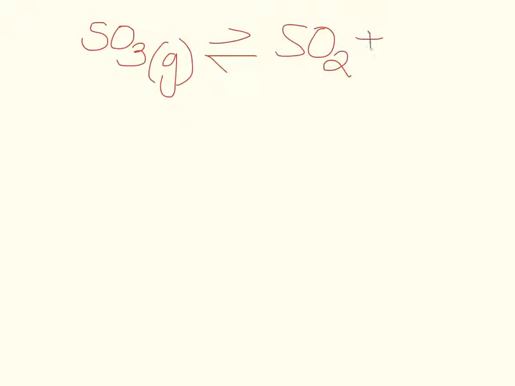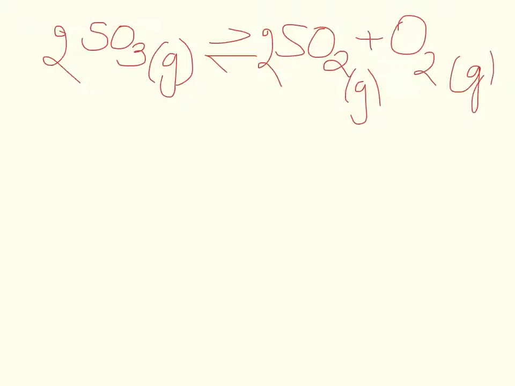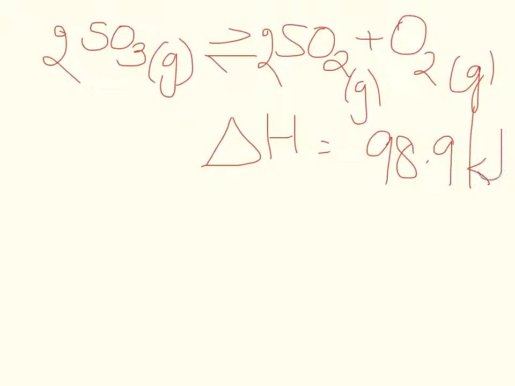So, using the equation sulfur trioxide gas in equilibrium with sulfur dioxide and oxygen, and all the reactants are gases. One more piece of information that is given to you is that delta H is 98.9 kilojoules.